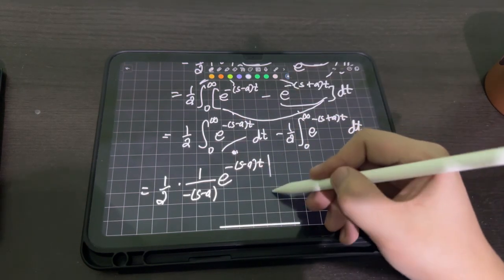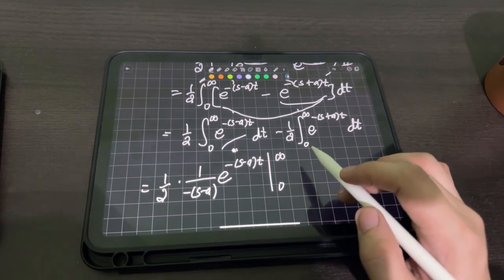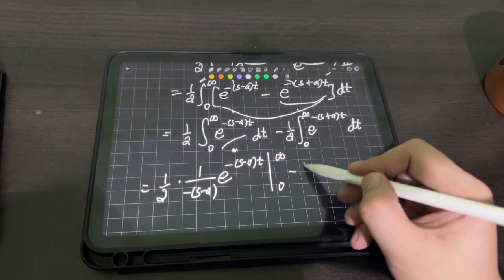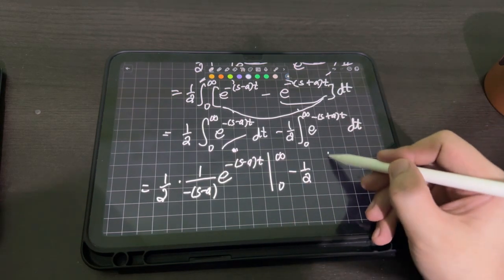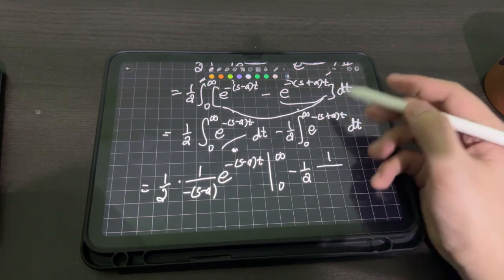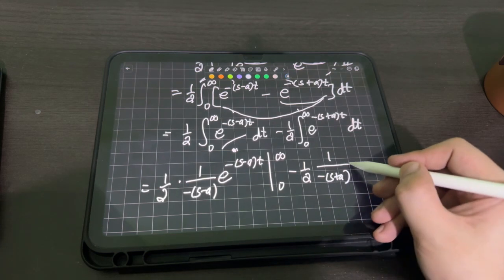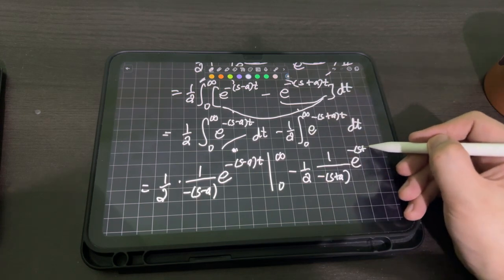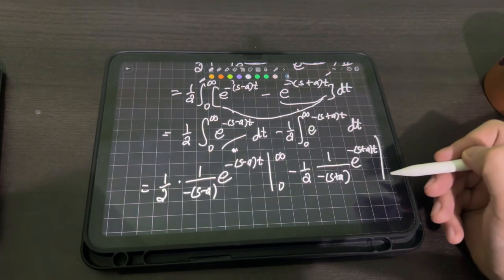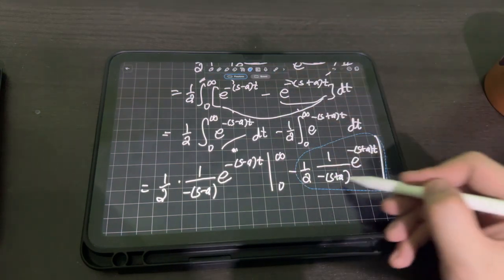Then let's evaluate from 0 to infinity. How about this one? So negative 1/2 integral of this one. So same formula, it's 1 over. This time, the coefficient is negative quantity s plus a. Then times the same function e to the negative quantity s plus a t. Evaluated also from 0 to infinity.